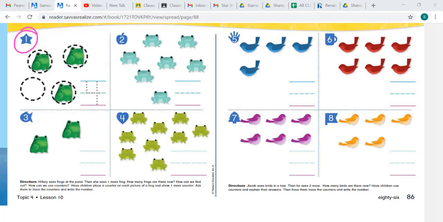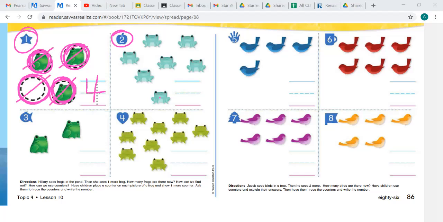So number 1, she sees 3 frogs, so there's 3 counters. And then she sees one more frog, so we add one more counter. How many frogs are there now? Let's count them. 1, 2, 3, 4. There are 4 counters. That means there are 4 frogs. Okay, we have frogs here.